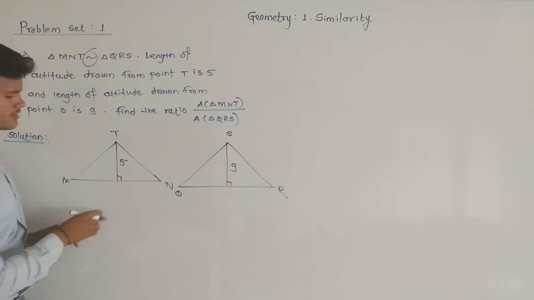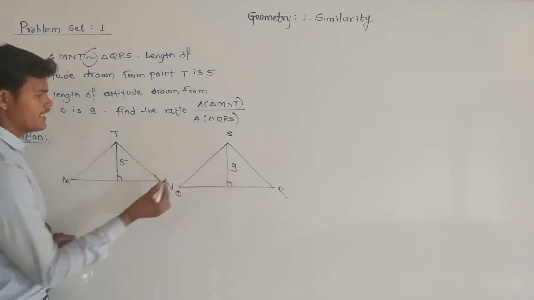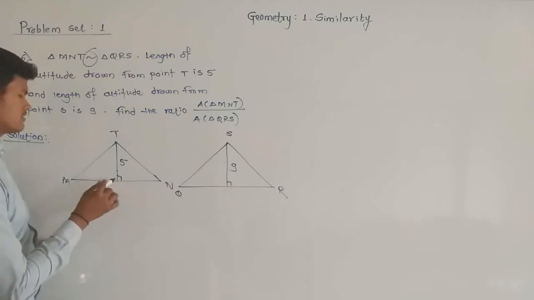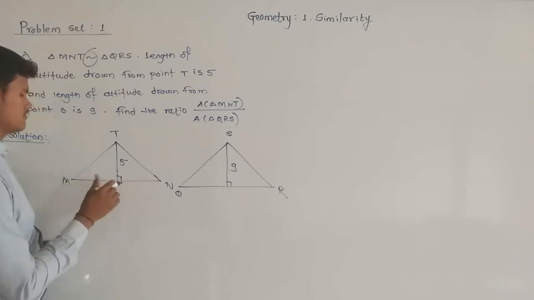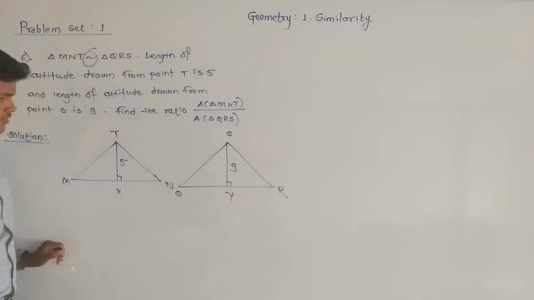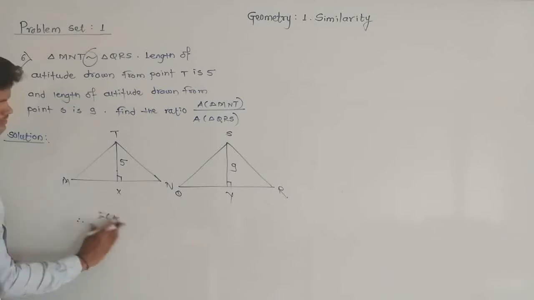Then the ratio of areas of both the triangles is equal to the ratio of the squares of their corresponding altitudes, Tx and Sy.